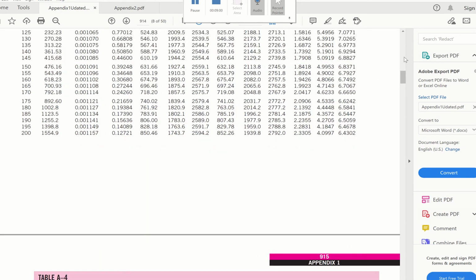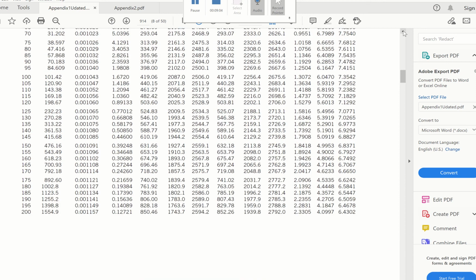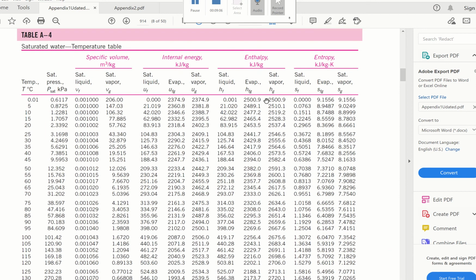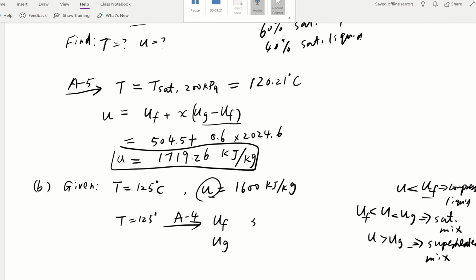At 125, this is 125 right here, and we're looking at U. It's this column, so this will be our Uf, 524.83 kilojoules per kilogram. Ours is greater than that, right?